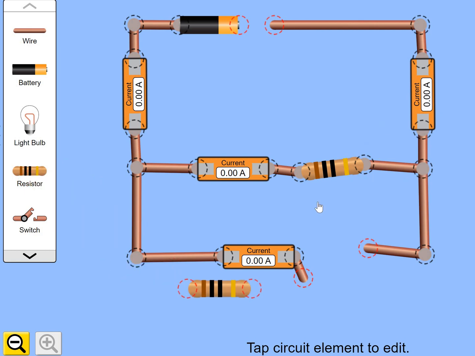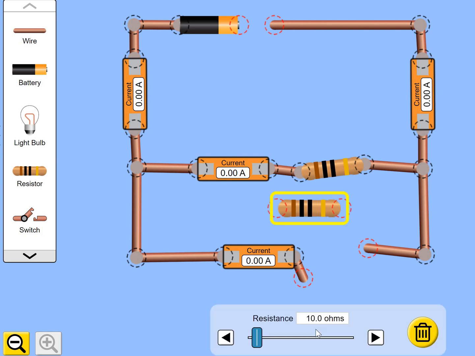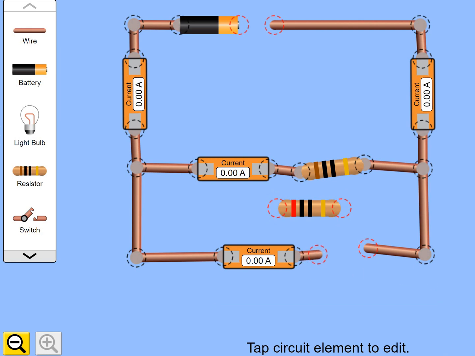But this second one, I'm going to double its resistance to 20 ohms. You see, what you're going to find now is the current will split between those two branches, both of which have got a resistor on it, but they are not going to split equally.